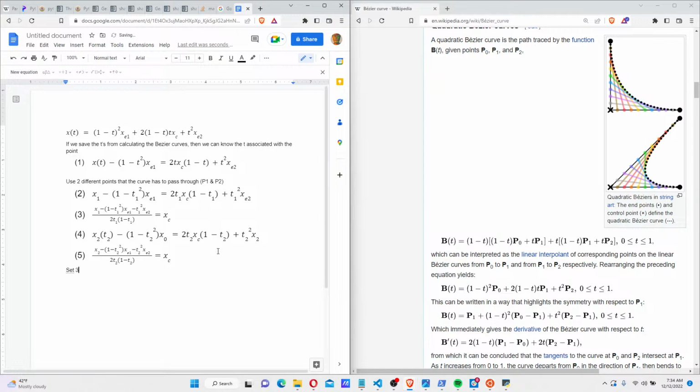Plug. Set 3 equal to 5, since x sub c equals x sub c, and solve for x sub e2. So now plugging it in, new equation.